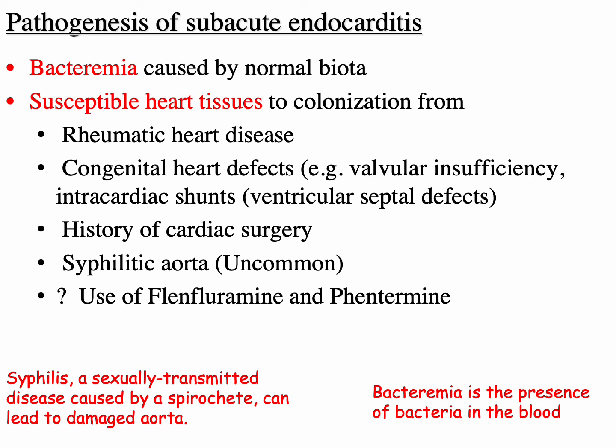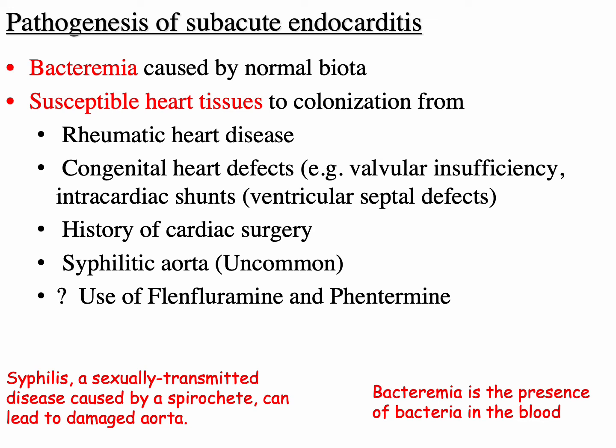In a given day, you're going to have bacteremia. That can come from breakage of the mucous membrane, for example from chewing a hard candy, or frothing, or even from bowel movement in the intestine.